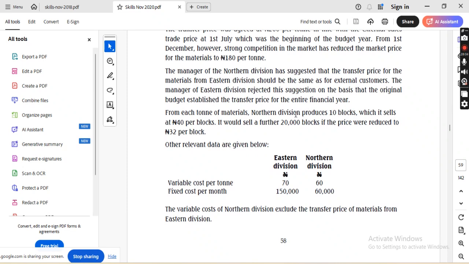Don't forget, the internal will sell a further 20,000 blocks if the price were reduced to 32.